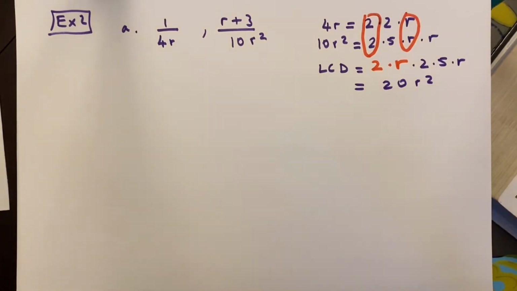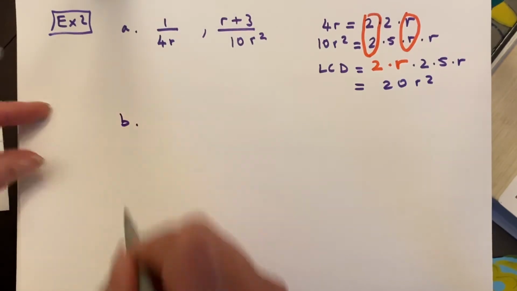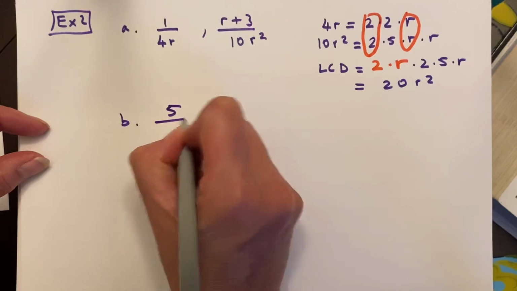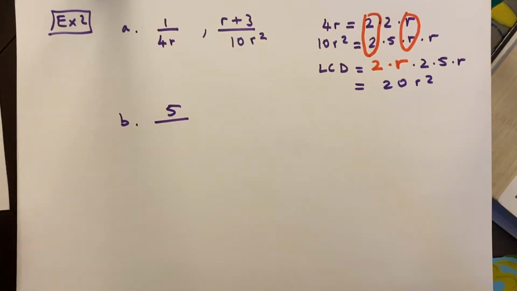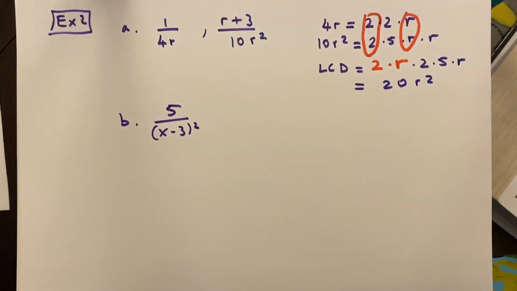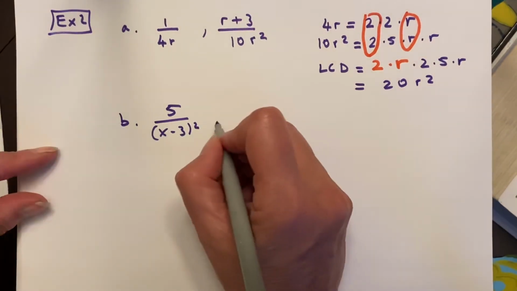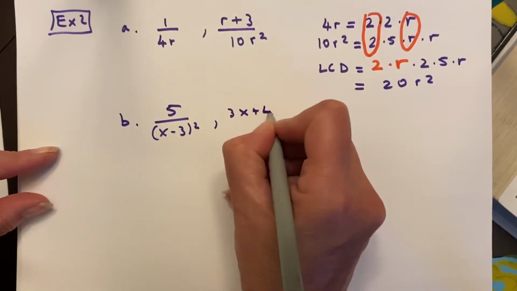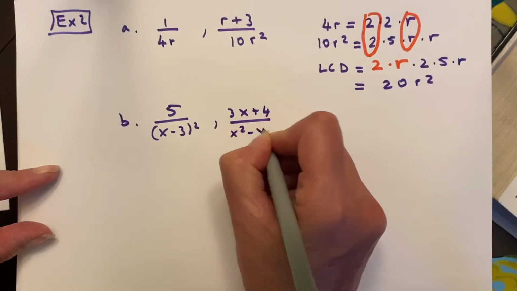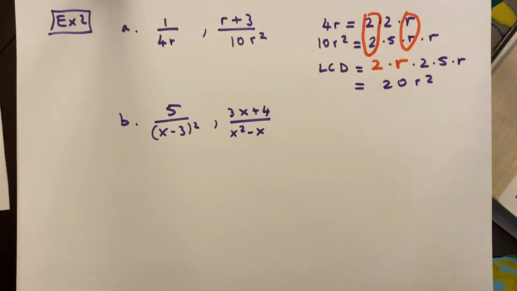Let's look at another set. What is the least common denominator between 5 over x minus 3 squared and 3x plus 4 over x squared minus x minus 6?